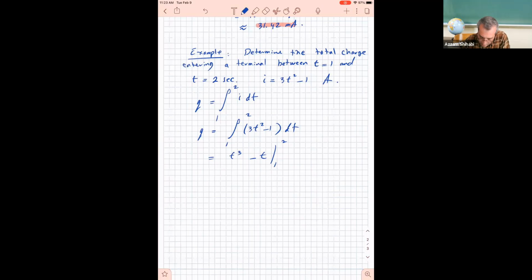So substitute the 2, the upper limit first. So 8 minus 2, that's 6. And then substitute 1, which gives 0. So 6 coulombs. All right, so 6 coulombs is the total charge entering the element or entering that terminal over this period of time between 1 and 2 seconds.